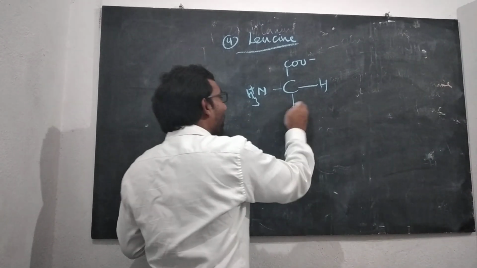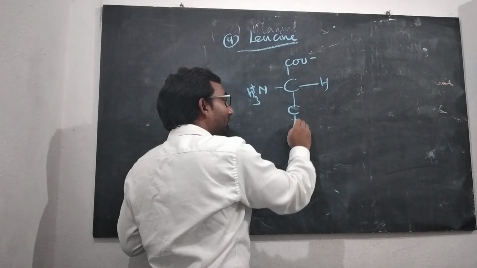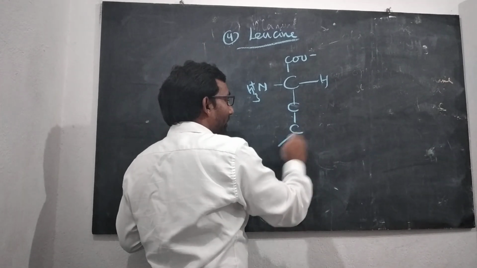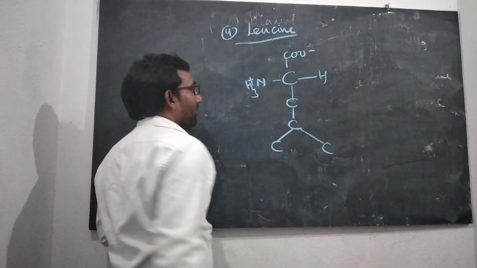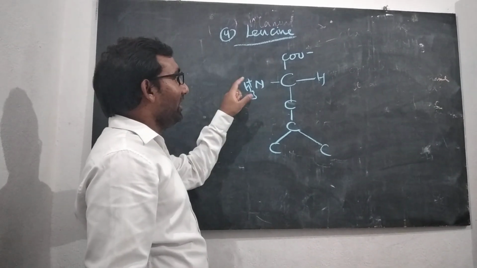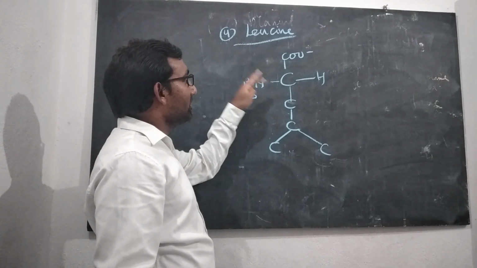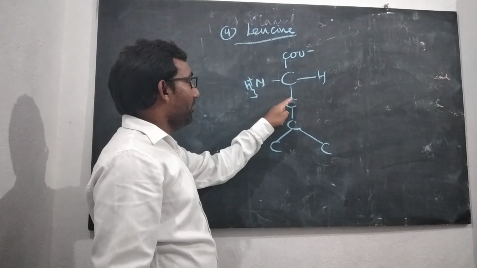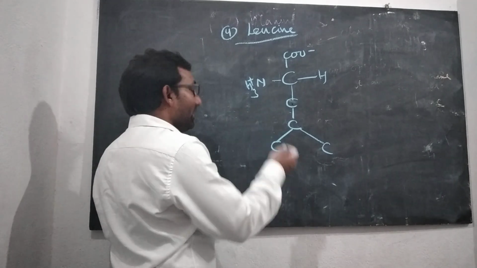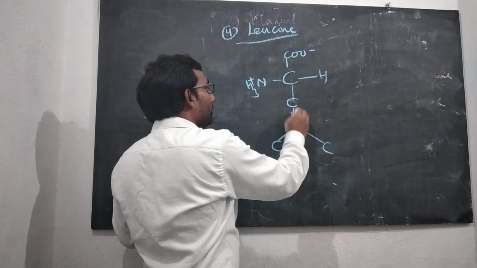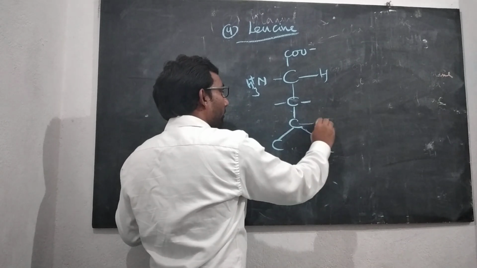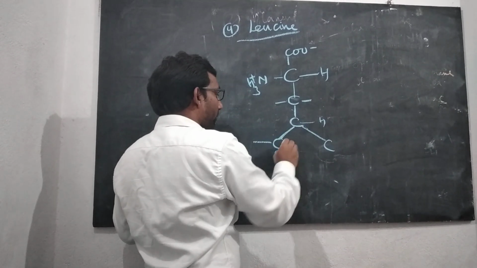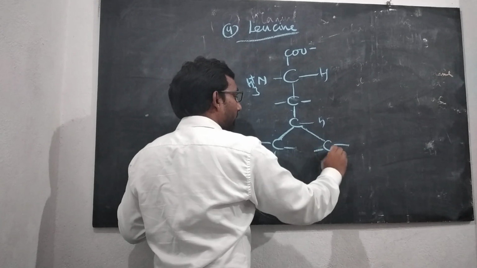You saw one carbon and then branching. Here you put two carbons and then do branching, and then satisfy the valency. 1, 2, 3, 4. 1, 2, 3, 4. 1, 2, 3, 4.